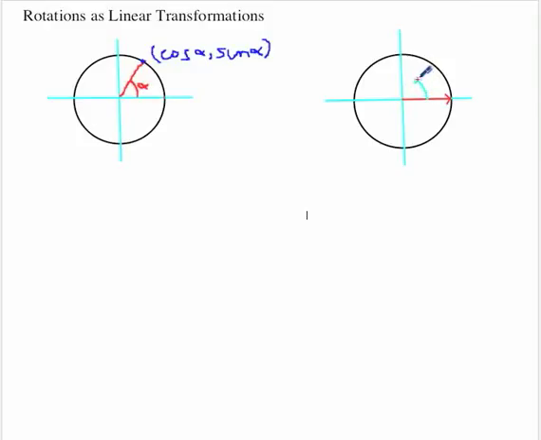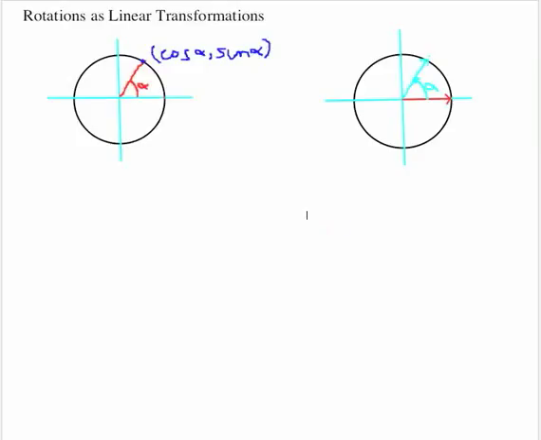I'm still rotating through the angle alpha, except now the result is just a vector pointing at this point up here, just like I did over here. And that point on the circle still has coordinates cosine alpha, sine alpha. It's just that now we're thinking of this as a vector from the origin to that point.